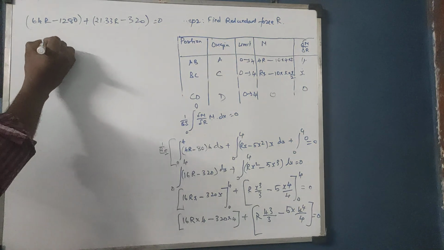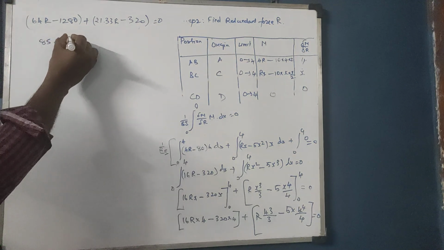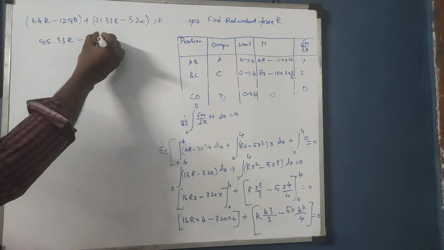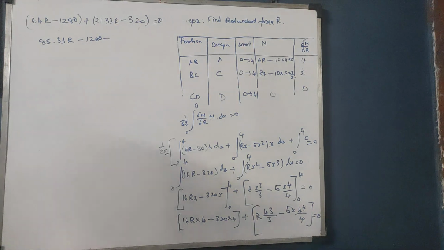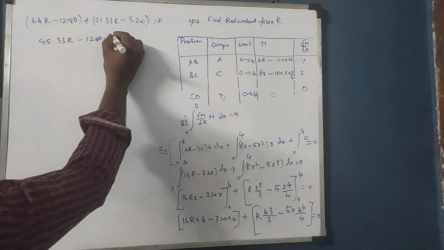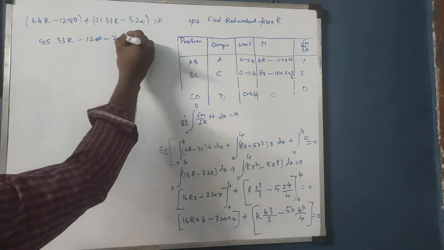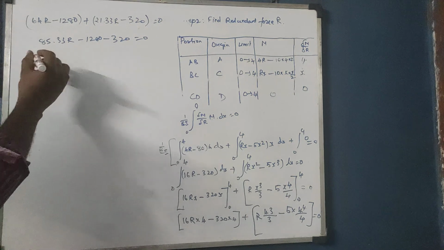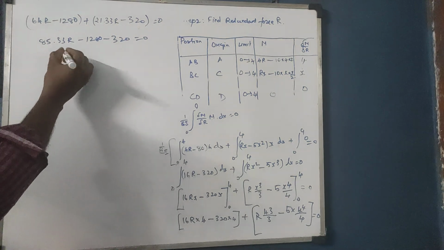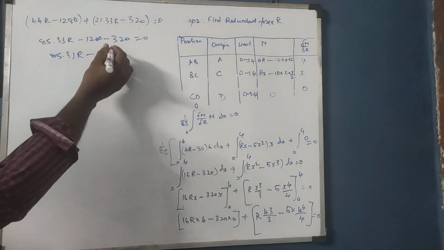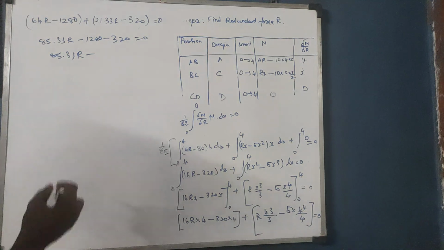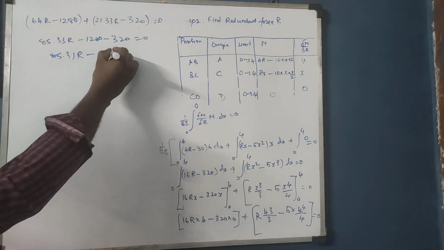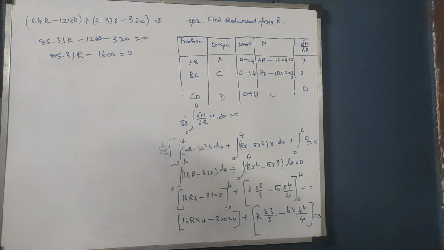Therefore, 85.33R minus 1280 minus 320, 1280 plus 320 is 1600. Therefore 85.33R minus 1600 equal to 0.